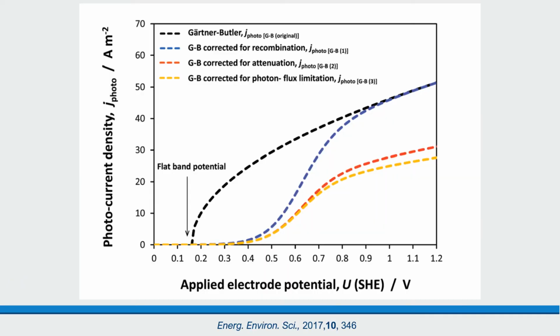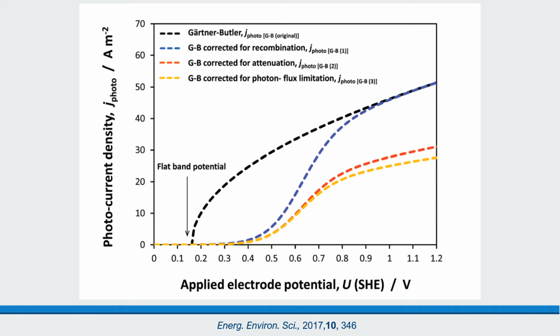This is an example of model predictions we published earlier using experimentally determined parameters for our undoped hematite photoelectrodes operating in alkaline media. So for our electrodes, we determined the flat band potential, using which we then determined the doping density of the semiconductor.